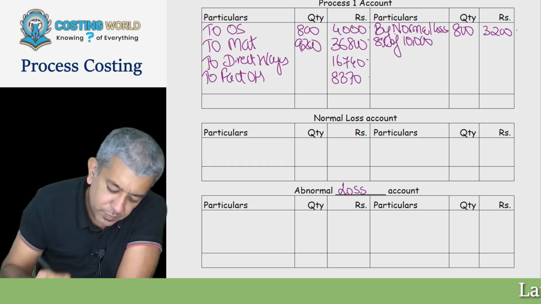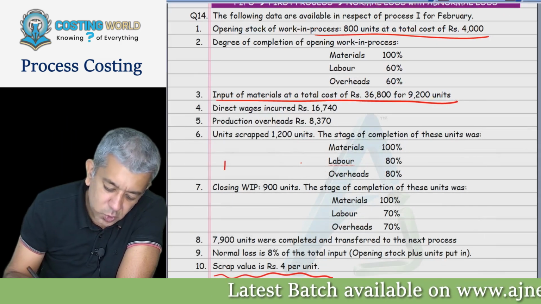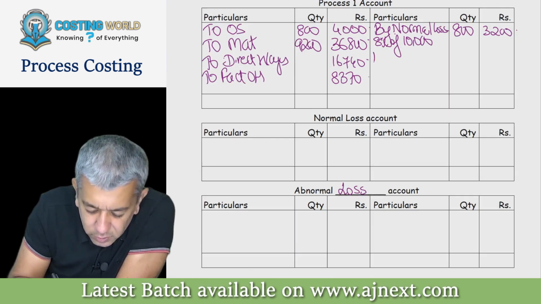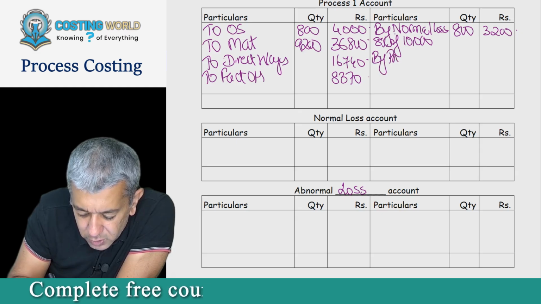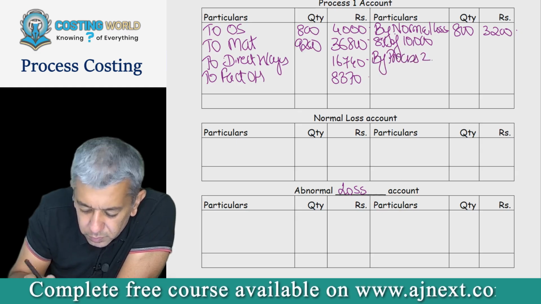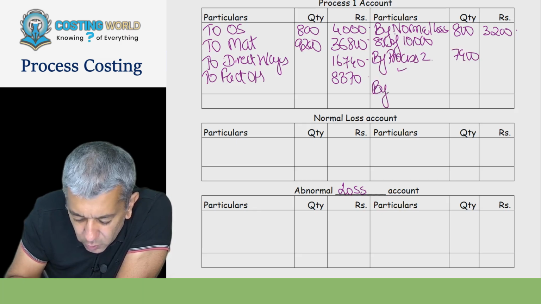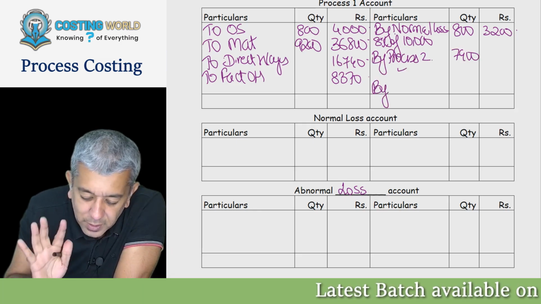Now see, from process 1, goods will be going to the next process, that is 7,900. So write down over here, by process 2, 7,900. Leave one line over here, although I know that abnormal loss will be coming and that will be 400.